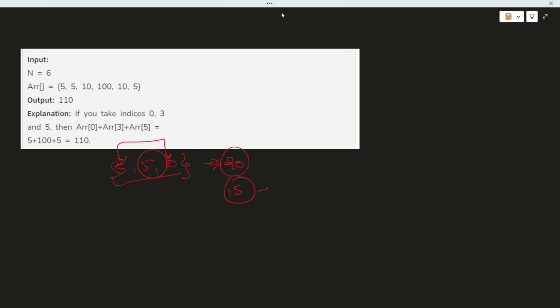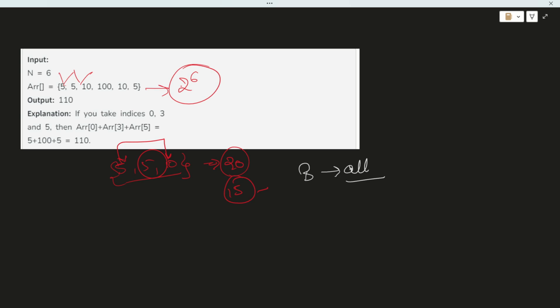So the brute force over here would be that you can generate all the subsets. But if you go with all the subsets, everyone will have the possibility to take it or not take it. So the possibilities would be 2 raised to power 6 for this question, right?